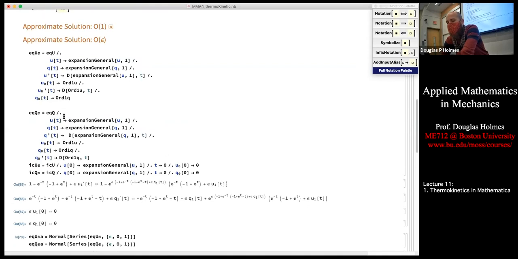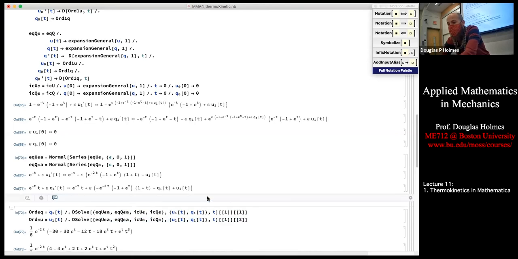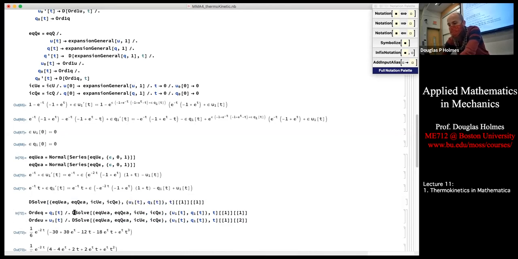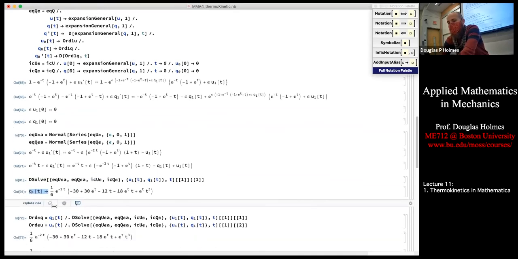I think maybe what you're referring to is here, where I don't have the arrow, but I will remind you that if I run this code, everything after here, look what happens. The arrow is there. Q1 of t is there.